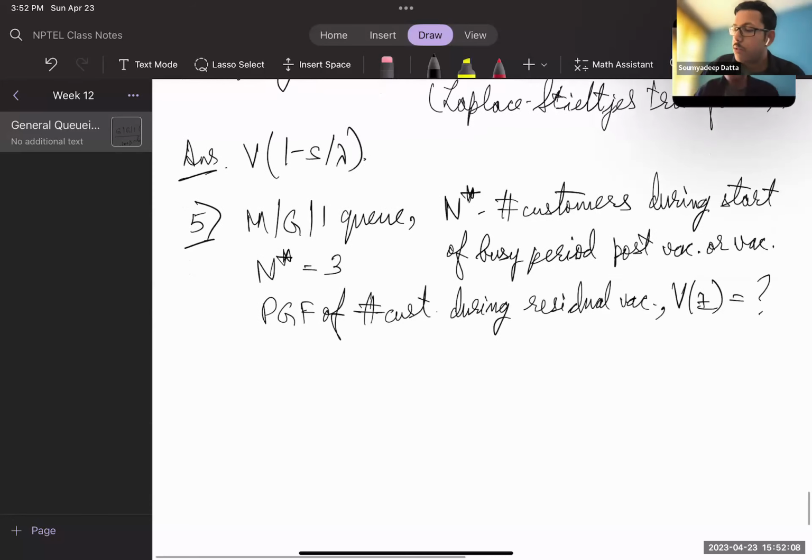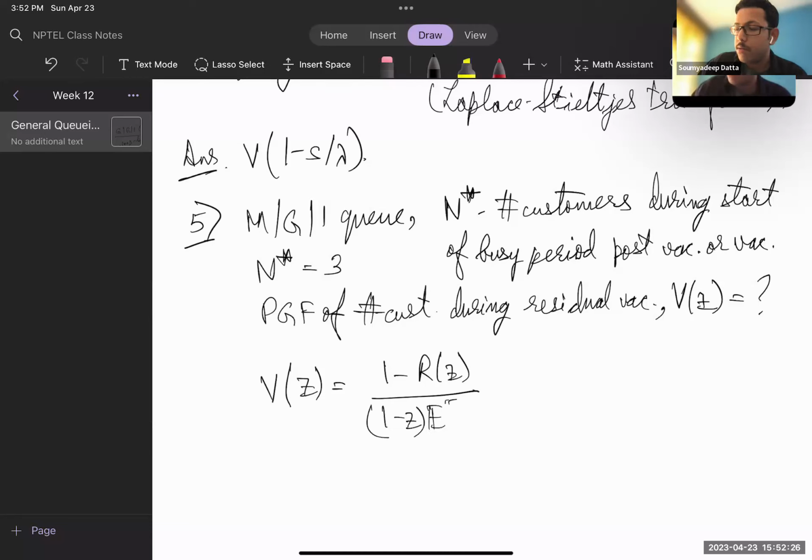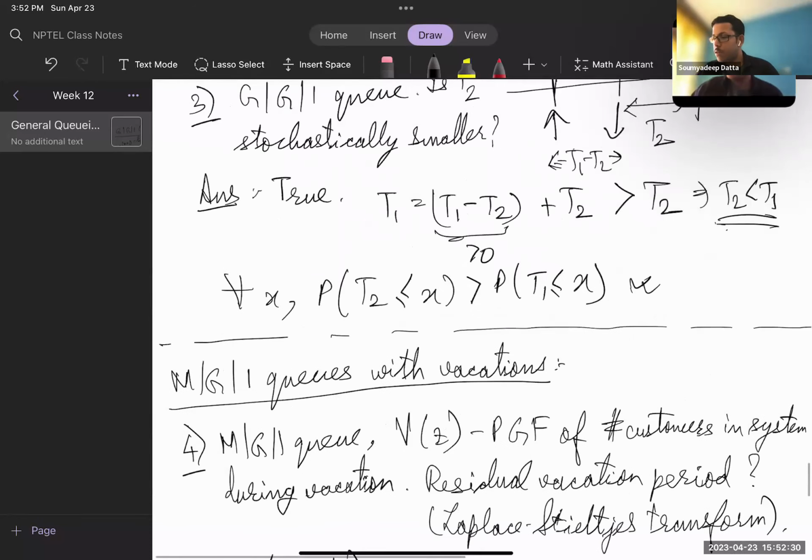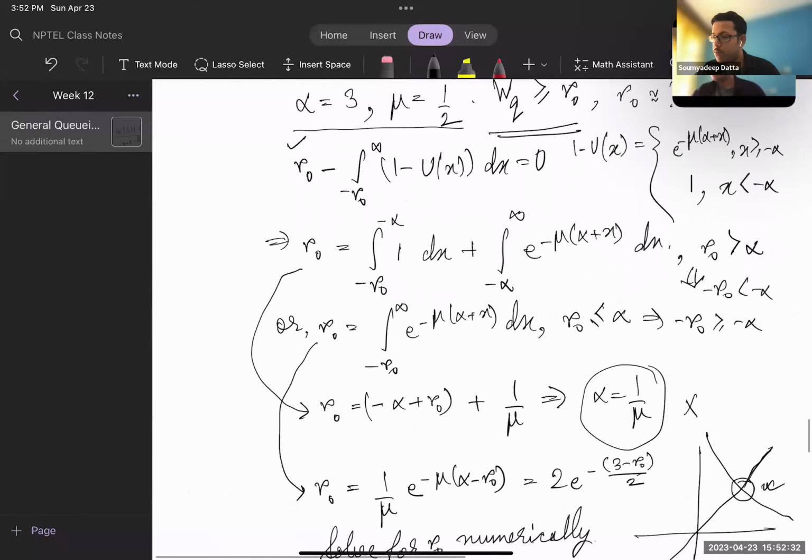And from the lectures, the formula for V of Z is nothing but 1 minus R of Z by 1 minus Z times expectation of N star. Right, you can just see it from the lectures itself.